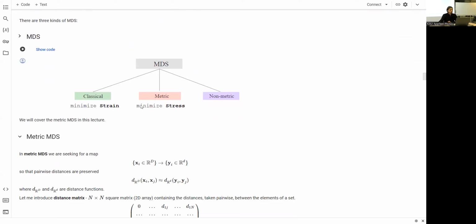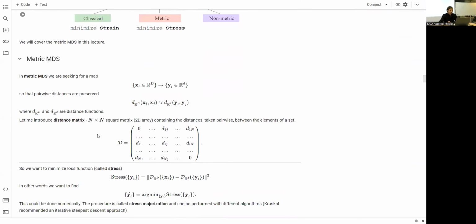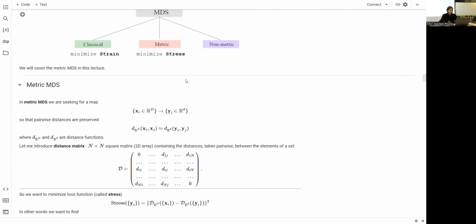MDS can be subclassified into classical, metric and non-metric. We will consider so-called metric MDS. The idea is to minimize so-called stress. So what do we have here?